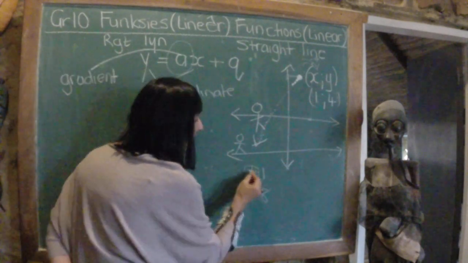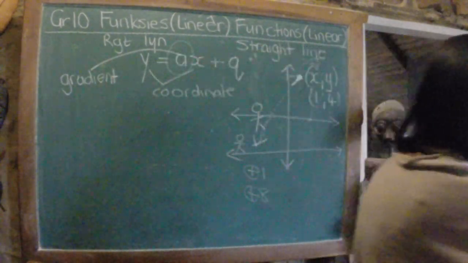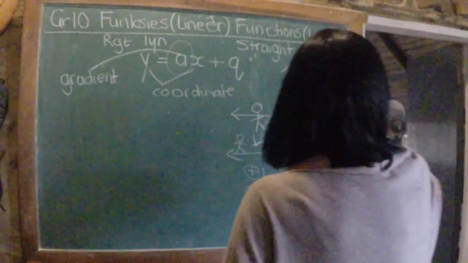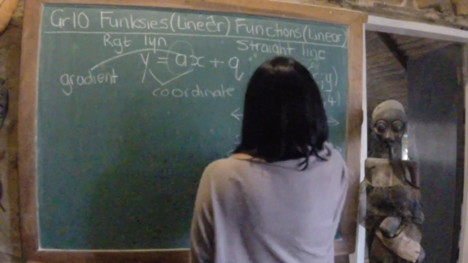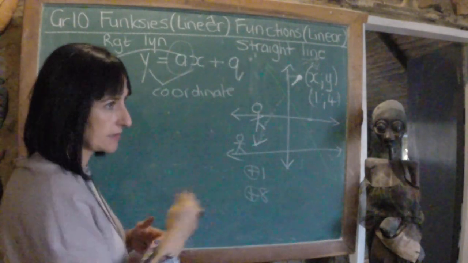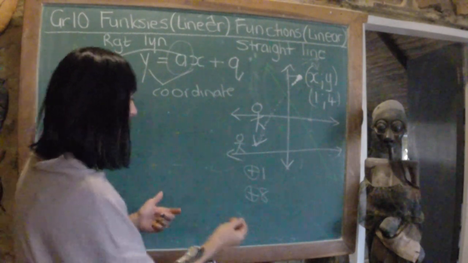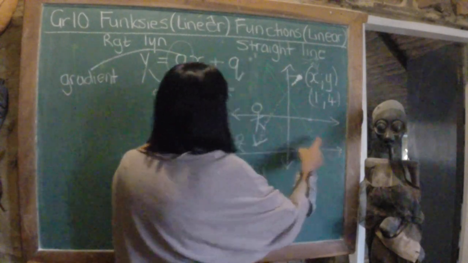Die plus sê die mannetjie loop opdraande. The straight line that's going downwards, onthou wiskunde beweeg ons van links na regs. Always from left, we move from left to right. So hierdie mannetjie, walk in the park.